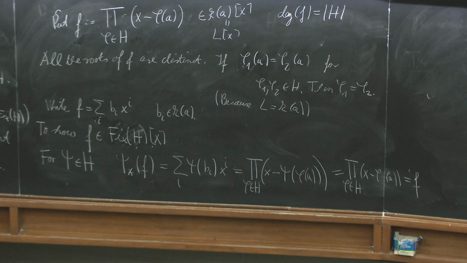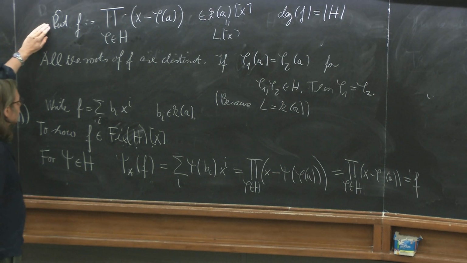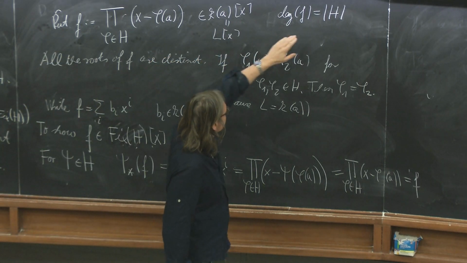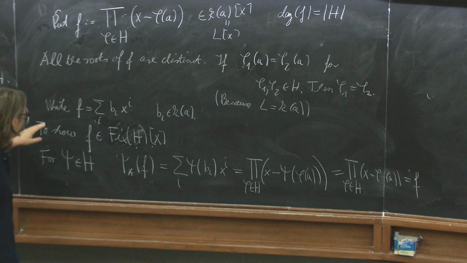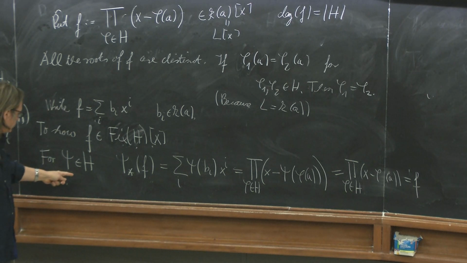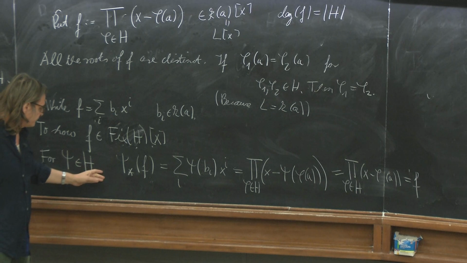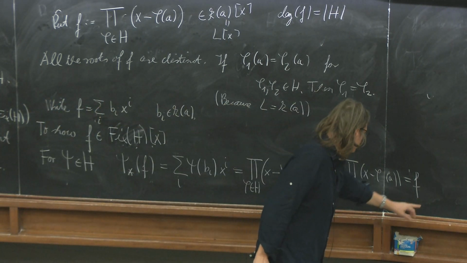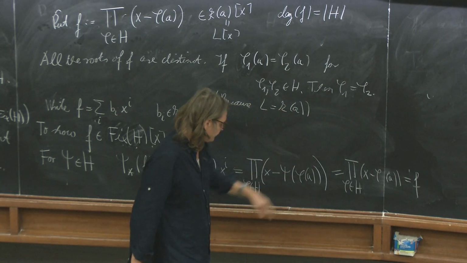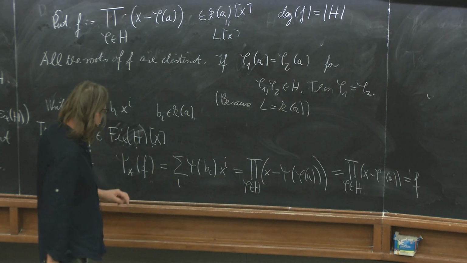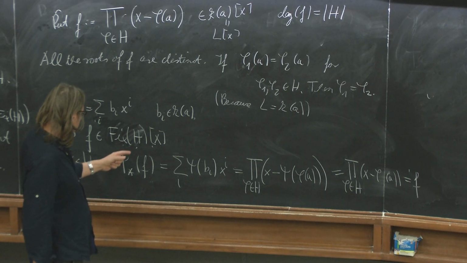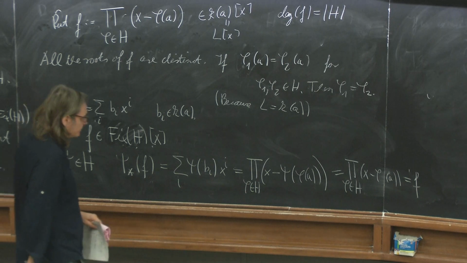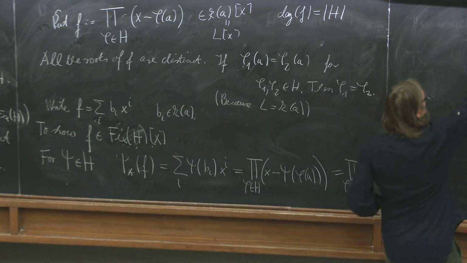So until here, I think it's all clear. We write down this F. This is a polynomial with coefficients in L[x] of this degree. And now we can write the coefficients like this. And now we can take any element in H. If we apply it to the coefficients of this polynomial, we get the same polynomial back, just because of the way this works, which means that the coefficients are invariant under all elements in H. So they lie in the fixed field.